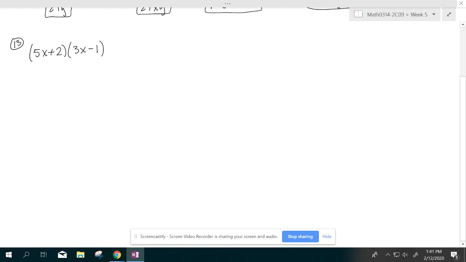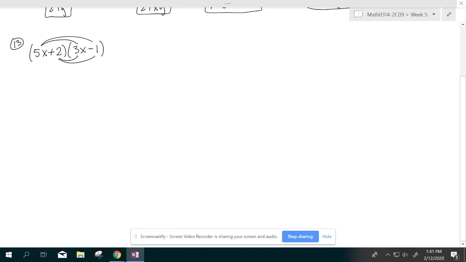And what I'd like you to notice here is that we call it the FOIL, but it really comes from the distributive property. Because what we want to do is take the 5x and distribute it. You see the 5x gets to go to each person. And then when the 5x is done, whose turn is it? Then the 2. And then the 2 takes a turn. He goes here and here.